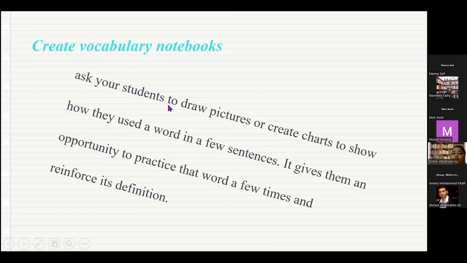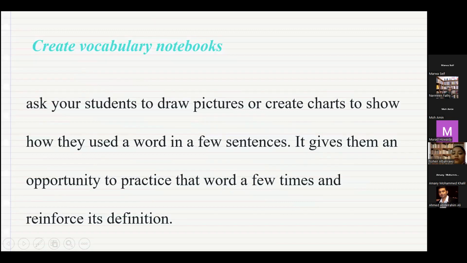You can ask them to draw pictures, create charts to show how they use the word in a few sentences. Give them an opportunity to practice that word a few times and reinforce its definition. You can ask them also to exchange these notebooks with their colleagues at school, with their partners.